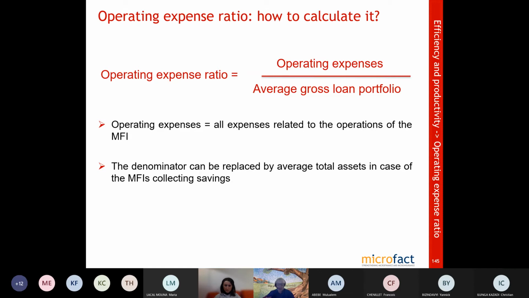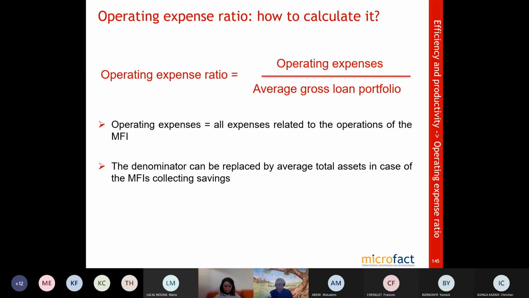They can have a much higher part of their assets in gross loan portfolio, while organizations collecting savings have to keep part of their assets as cash available for potential withdrawals of savings. So they have to keep higher liquidities available for the withdrawal of savings. So they say our part of the assets, the part in gross loan portfolio, is most of the time lower compared to other ones.